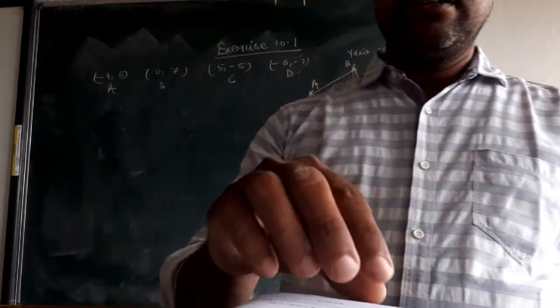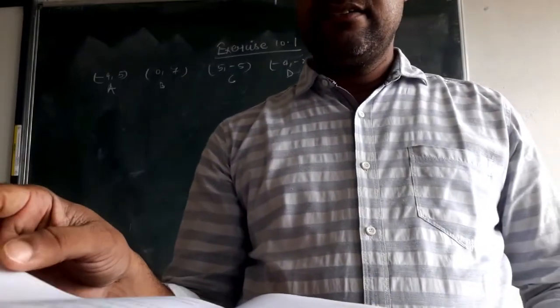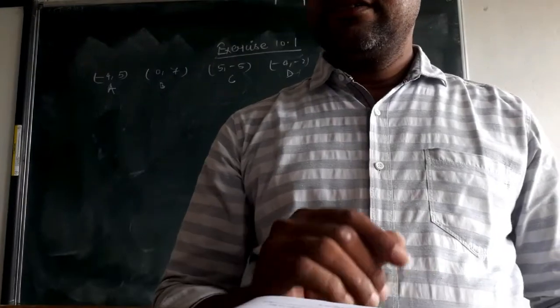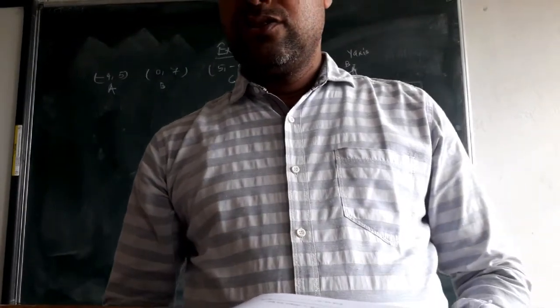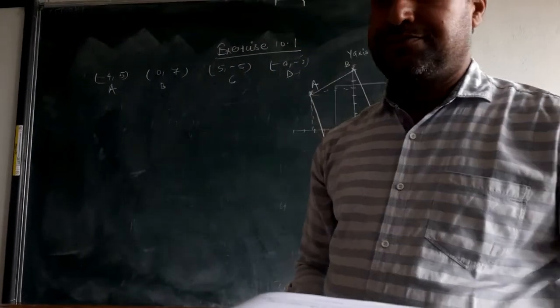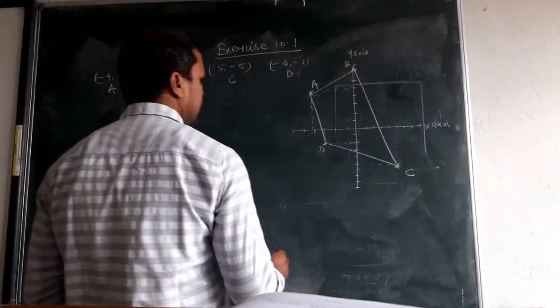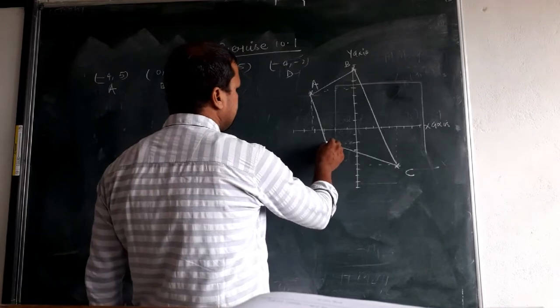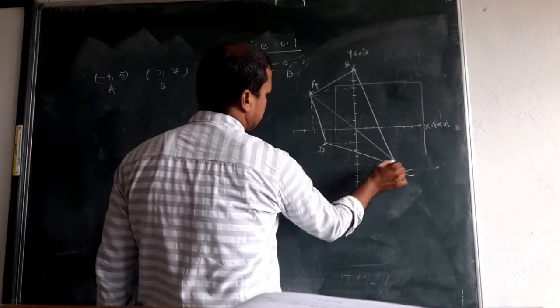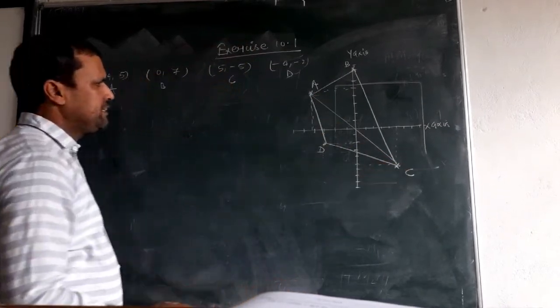As we know the area of a triangle formula, to find the area of this, you can join them. Join AC.